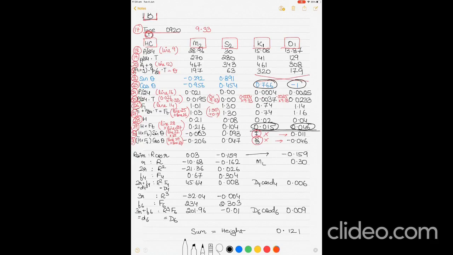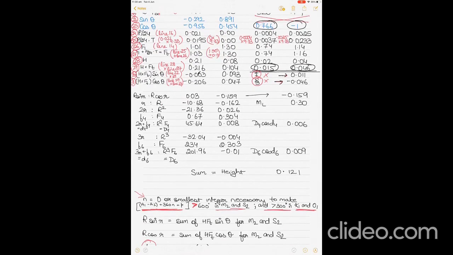HFT is given in line 29 and cos theta of K1 is given in line 23. So multiply 0.766 by 0.015 and multiply -1 by 0.046. So that's how you get these two values. So -1 by 0.046 is how you get this value, minus 0.46.